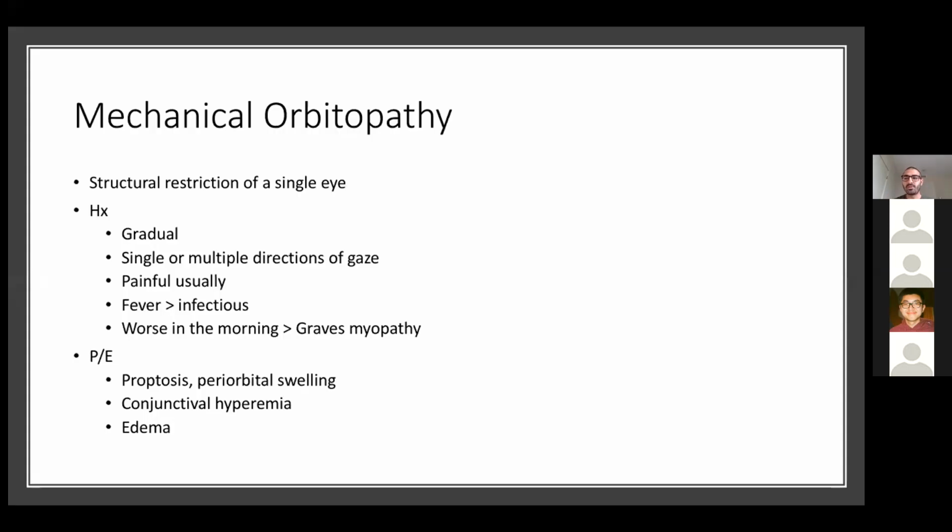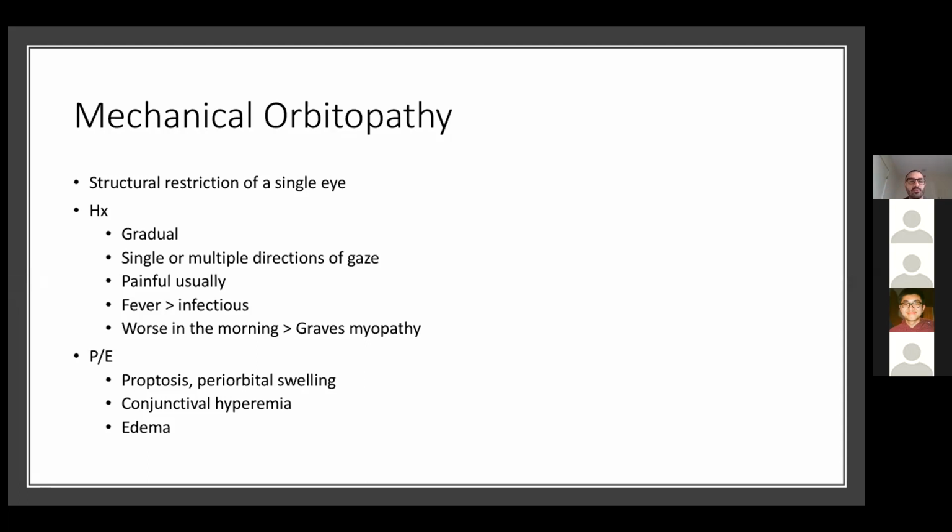So we'll start with the first entity, which is mechanical orbitopathy. As we mentioned, there is this structural restriction of a single eye that can't move well. The history suggested for that is usually a gradual rather than an abrupt onset. It can involve single or multiple directions of gaze. It's usually painful.